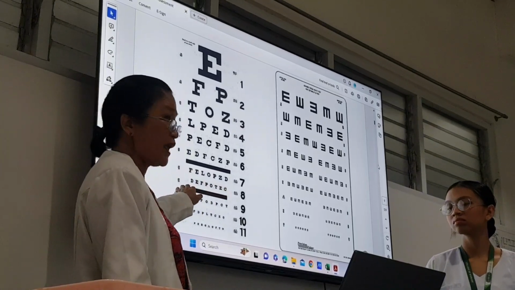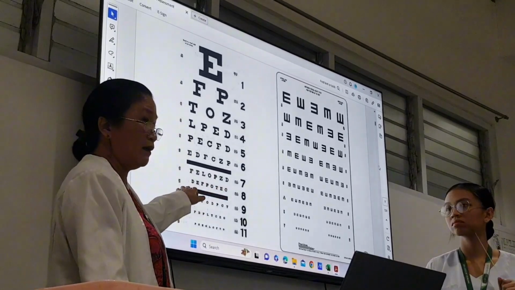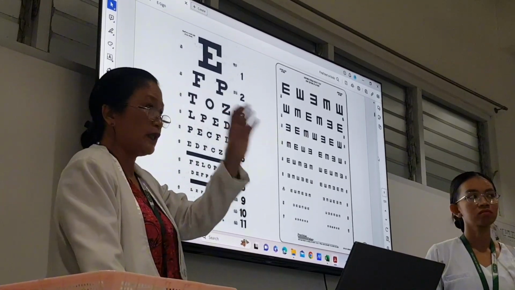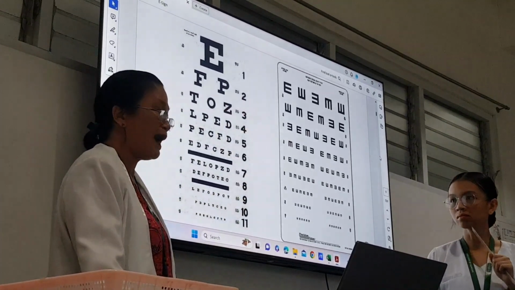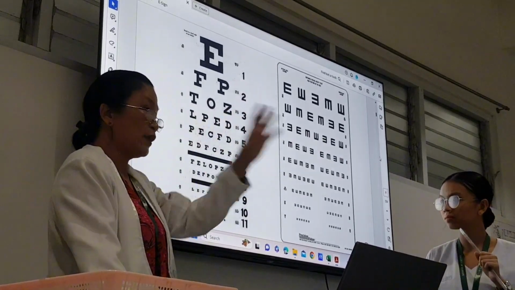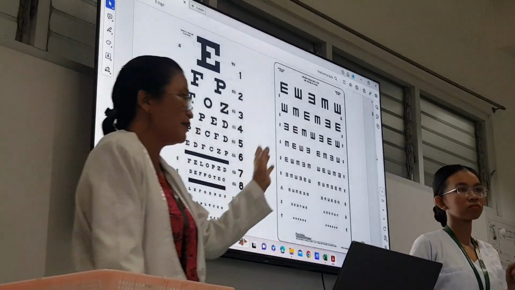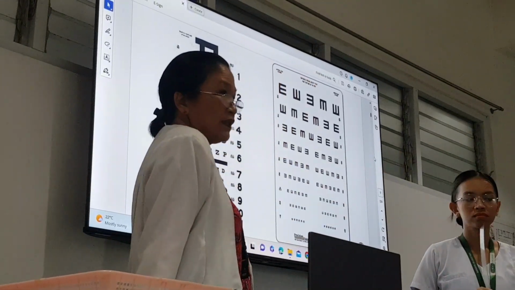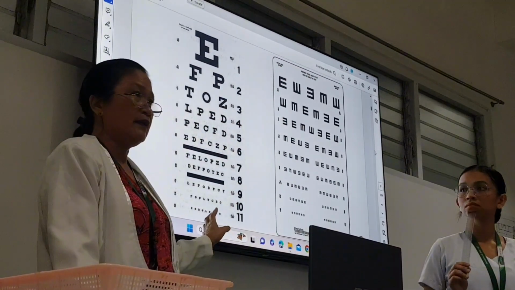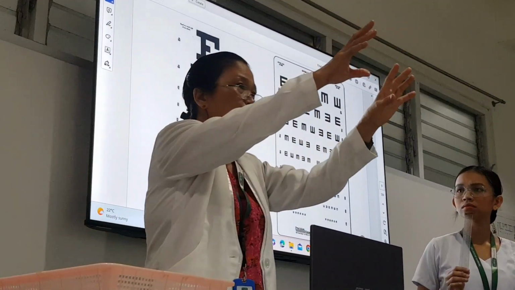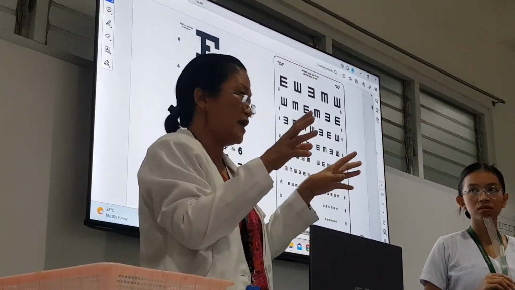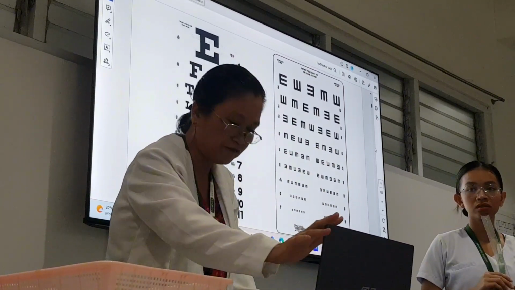So your left eye has a perfect score for your reading, because 20/20 is the normal acuity. Okay, but here, while your patient is reading this Snellen chart, you are going also to observe the behavior of your patient, especially the eyes. Sandali lang tayo.